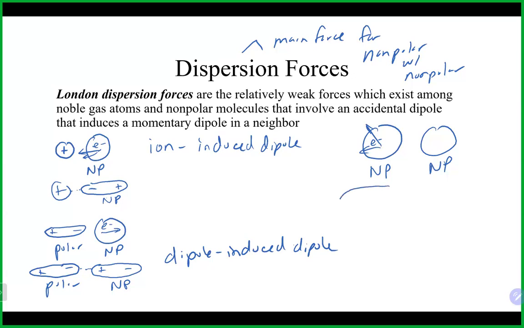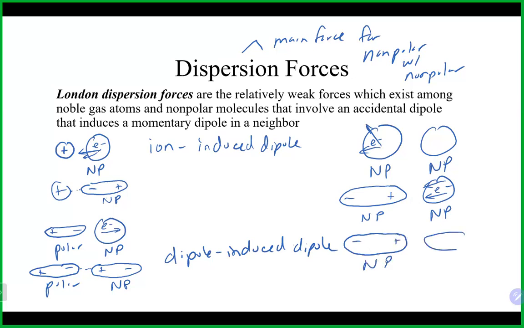That is going to temporarily create a separation of charge, which, if it is still next to this other nonpolar molecule, is going to cause the electrons in this guy to now be attracted to that positive side. And now our two nonpolar molecules that started out with no charge will both temporarily gain a charge. And now because they temporarily gained a charge, they will have a way to interact with one another through that positive and negative side.